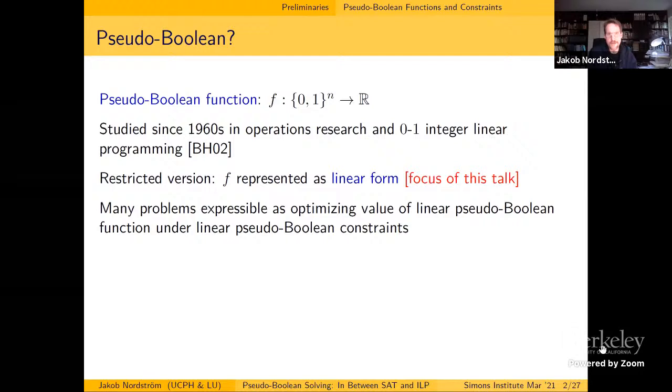They're well studied in operations research in integer linear programming. So we are going to be interested in when these pseudo-Boolean functions are linear functions, and that is enough to express a lot of, if you think of your favorite NP-complete problems, then chances are that it can be expressed in linear pseudo-Boolean form.